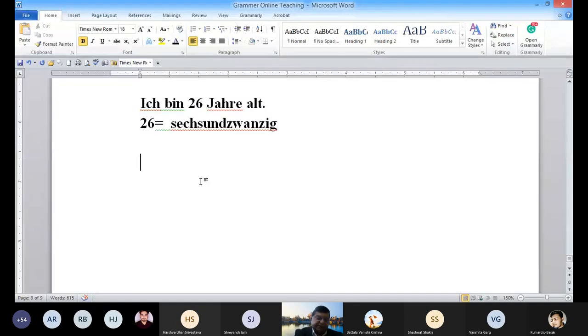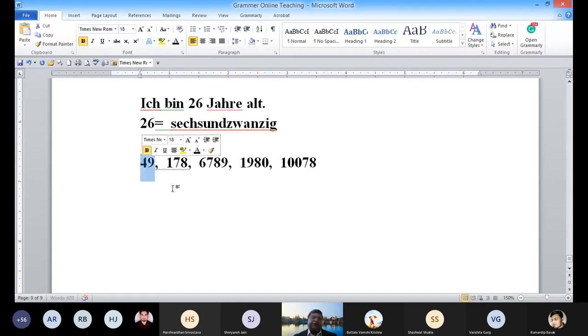Now just for practice, I am writing a few numbers here and you try to read them. So here, for example, if you remember German numbers, let us try to read. So this is 49.